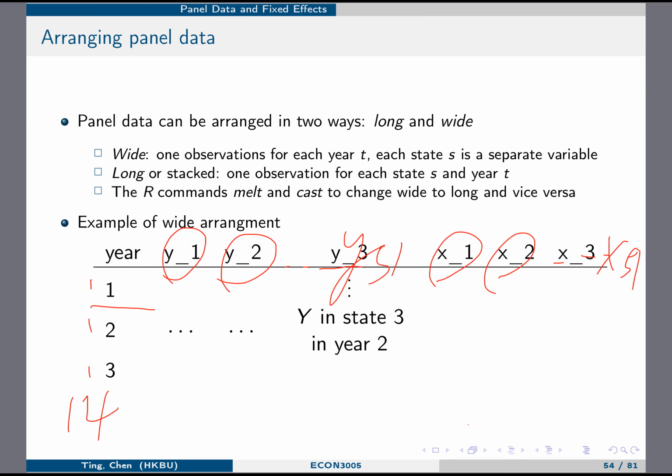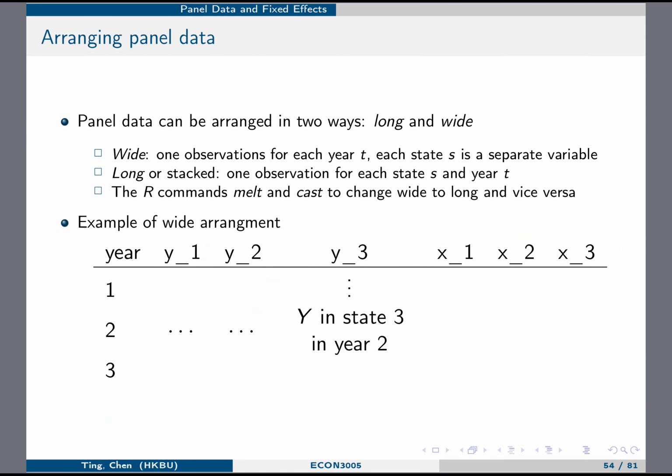The wide format typically means each row will contain only one dimension, that will be the year. Actually, you can also transpose this data set. You can have one state as a row, as an observation. For example, each observation will be state 1, state 2, state 3, up to state 51.